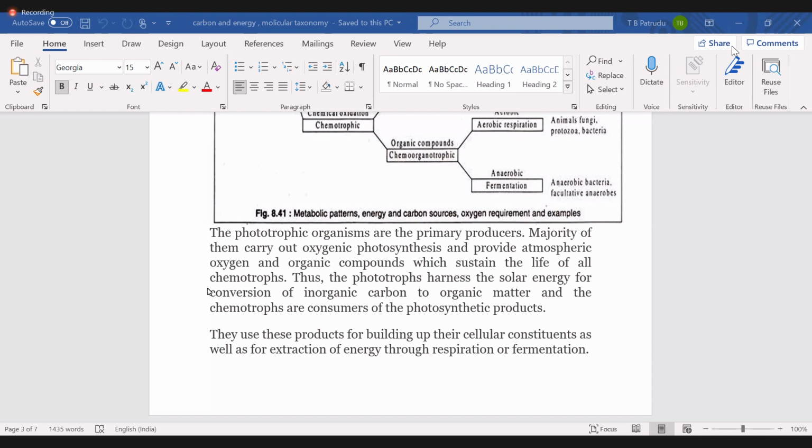It carries the atmospheric oxygen and organic compounds which sustain all living things. Thus the phototrophs harness the solar energy for conversion with water and carbon dioxide.